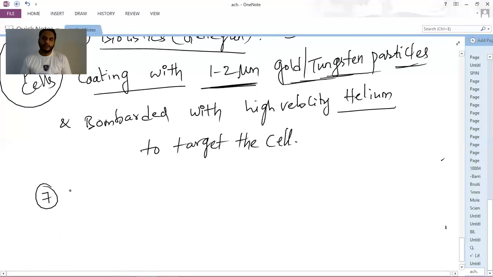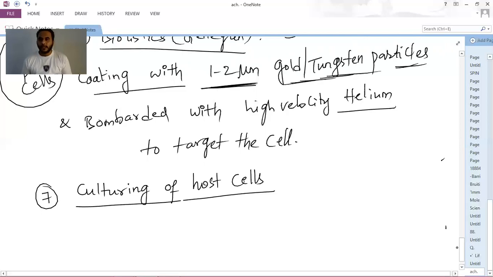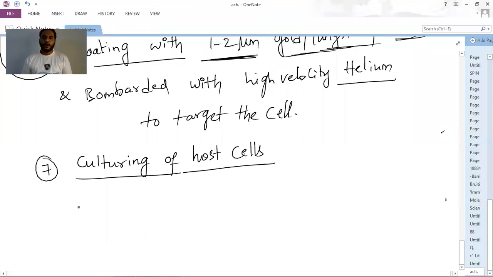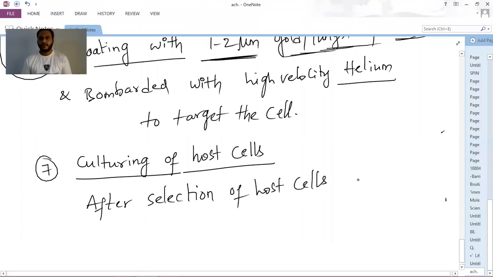Now, culturing of host cells. This is the most important step.